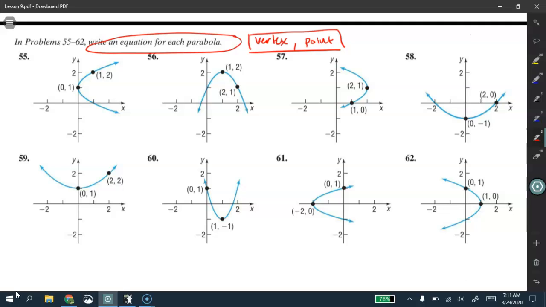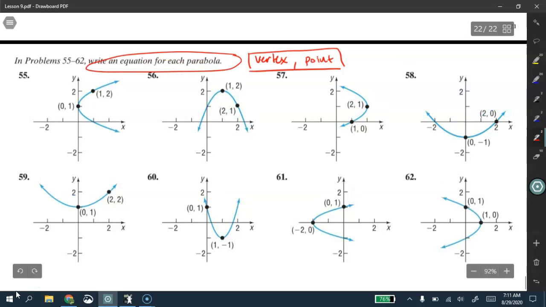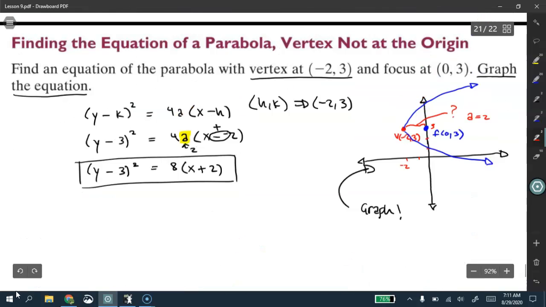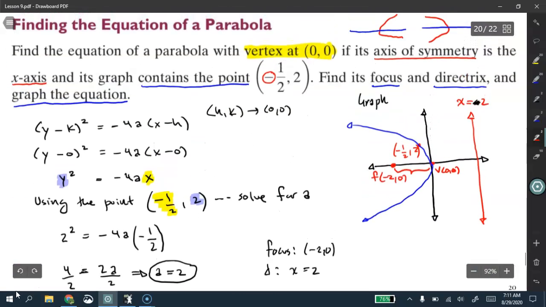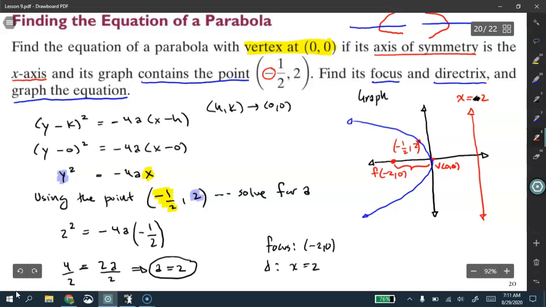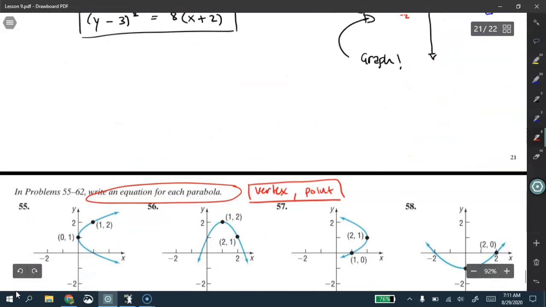To do these questions, I will not do any one of them because I literally just did one a moment ago. You simply need to go to the example that we did previous to last. And basically what we realized from this example is you need to figure out which way it opens, right? And after you figure out which way it opens, you can connect all the dots and solve for a, right?